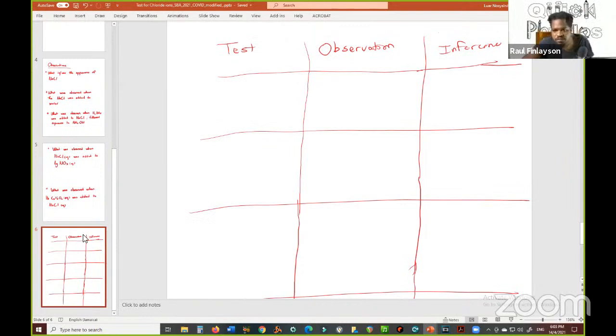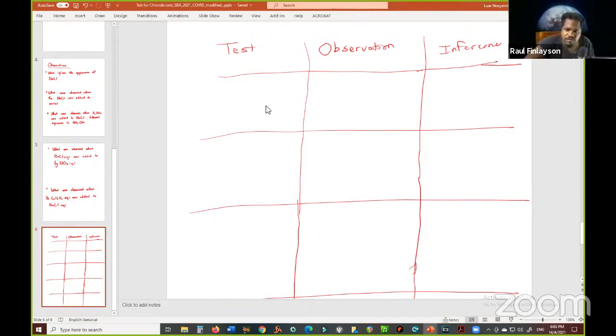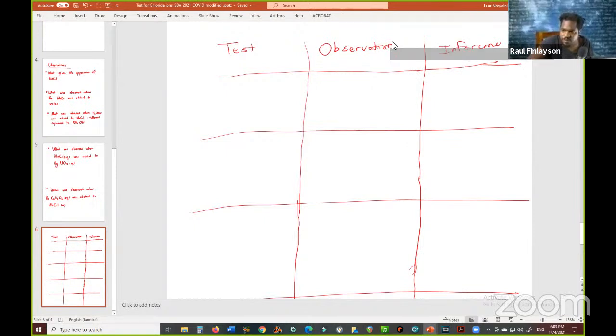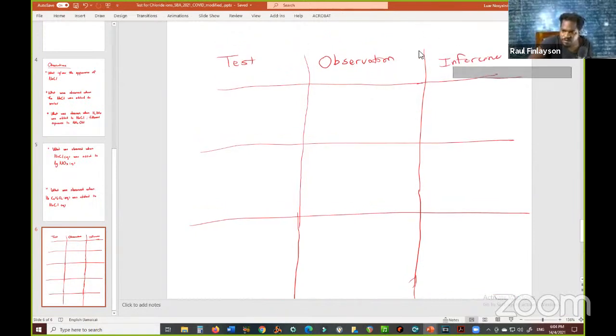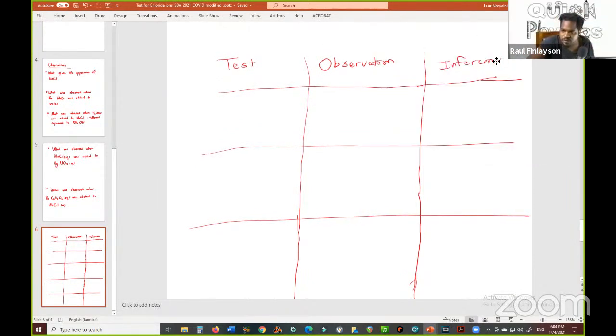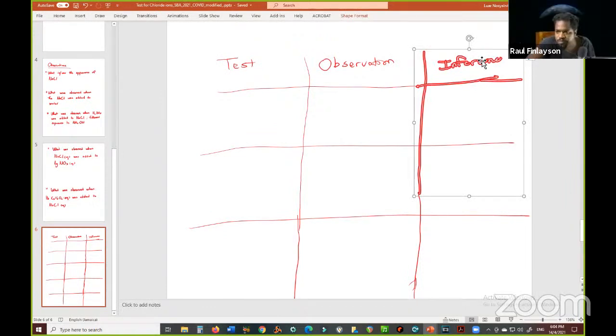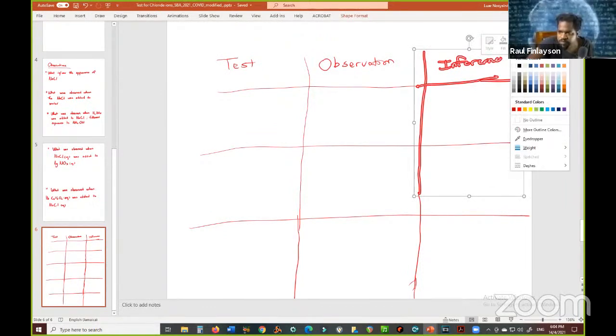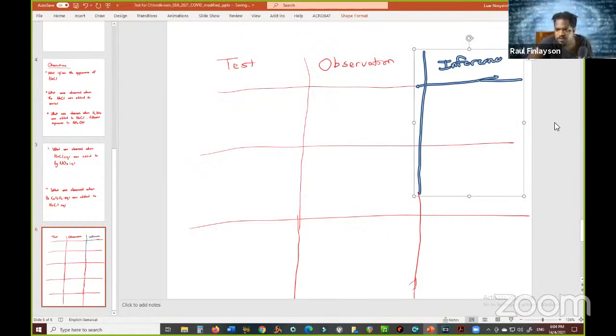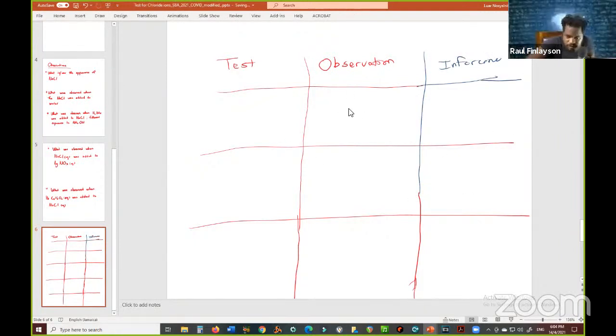The test is basically the method, the observation is what you see, and the inference here, I'll just color in blue so we can maintain the color code. I'm just putting that in blue and keeping it there. All right, so there you go.